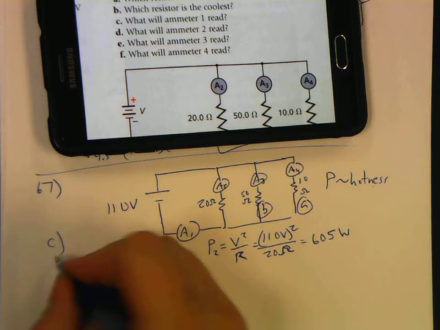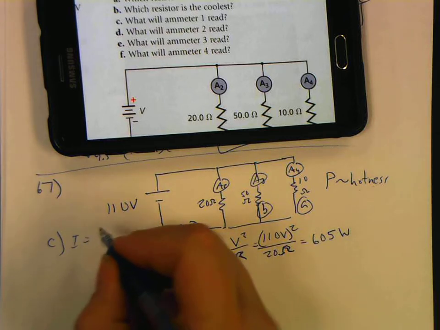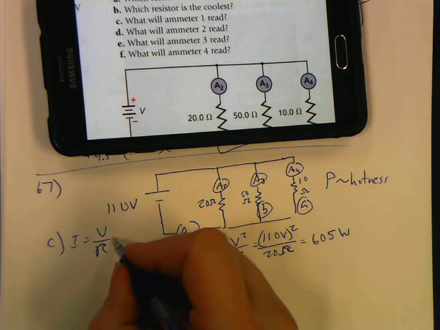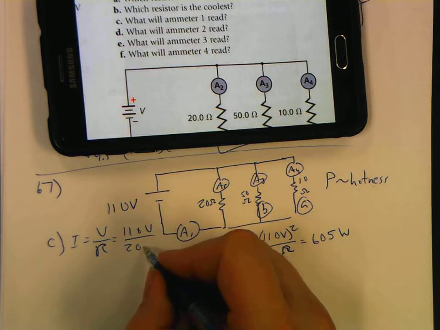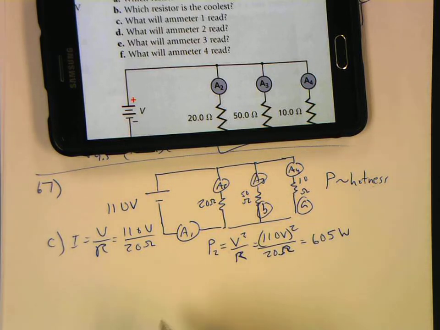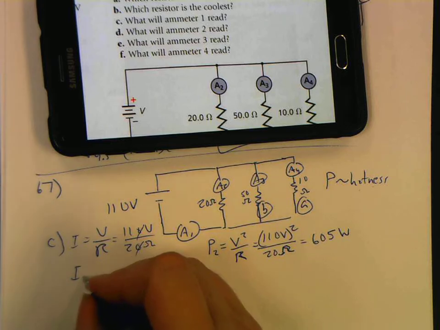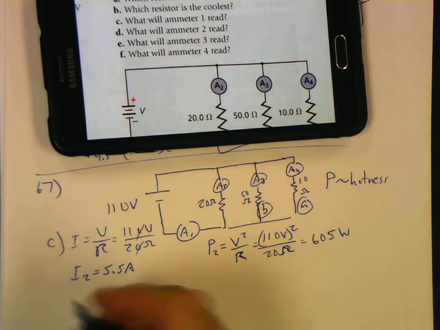So, V equals IR, so I is equal to V divided by R. In this case, we've got 110 volts divided by 20 ohms, and so we've got 11 divided by 2, which is 5.5, so current 2 is equal to 5.5 amps.